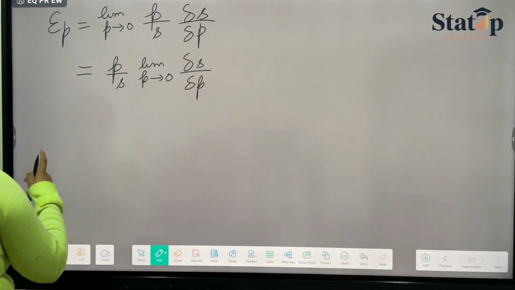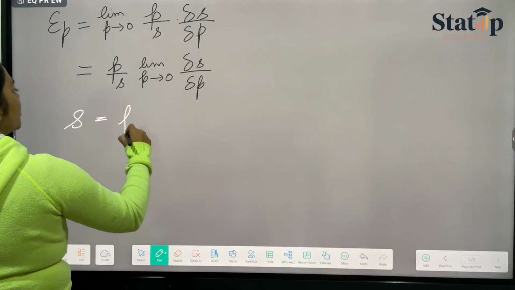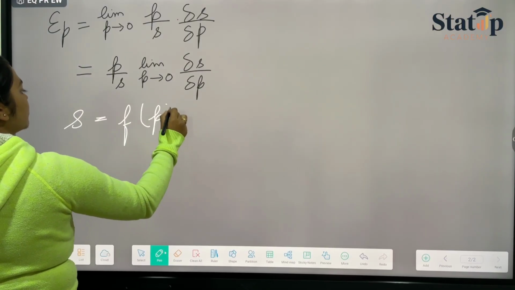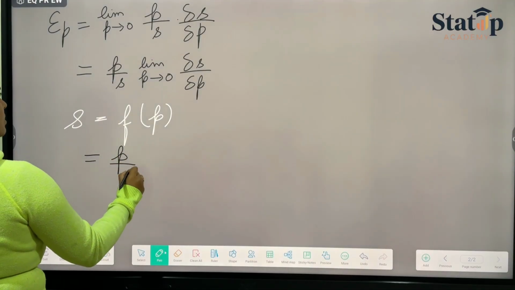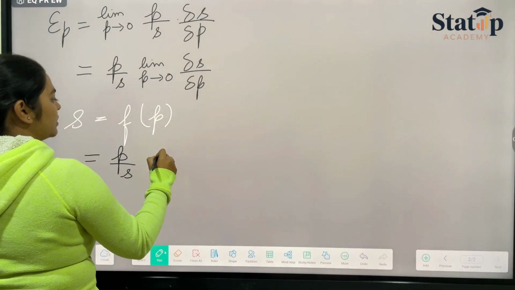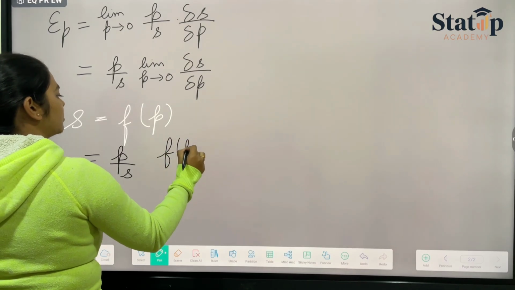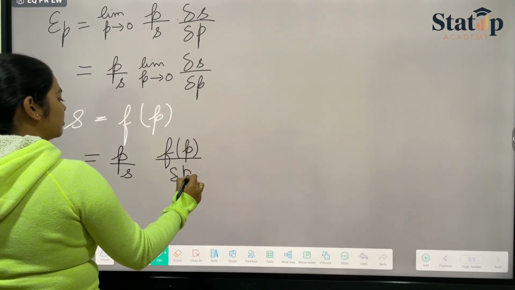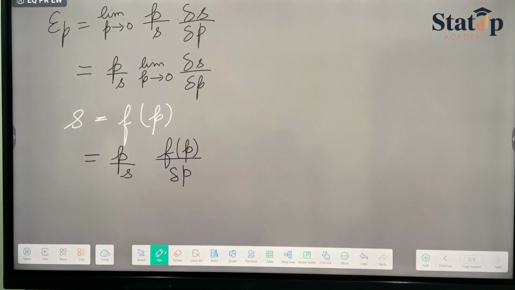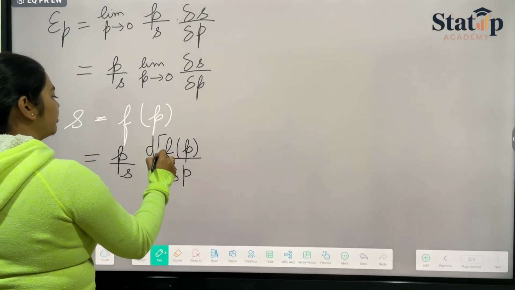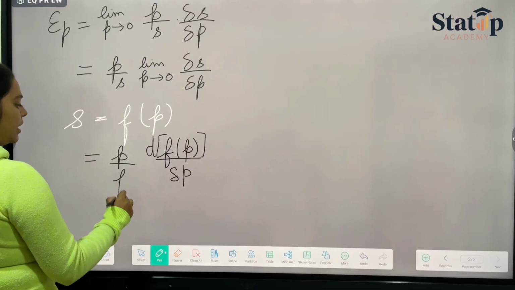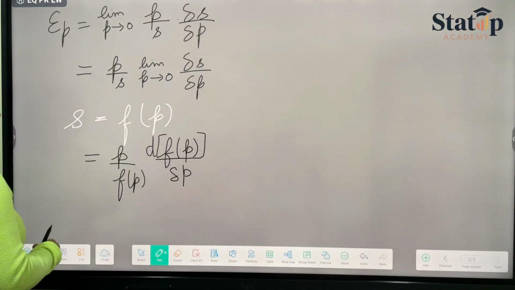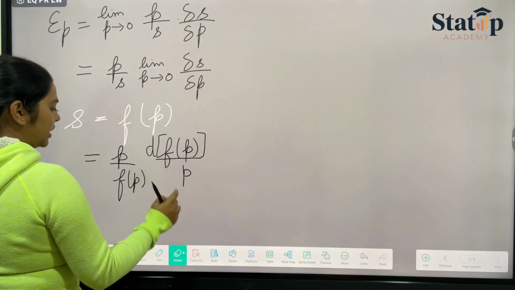Here s can be written as a function of p, f(p). So delta s upon delta p becomes d of f(p) upon dp, and the s in the denominator can be written as f(p), and this delta also reduces to d.